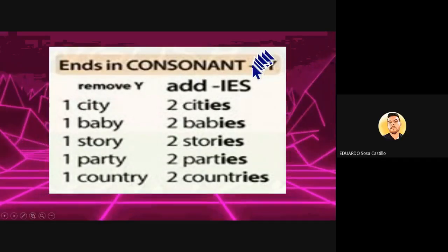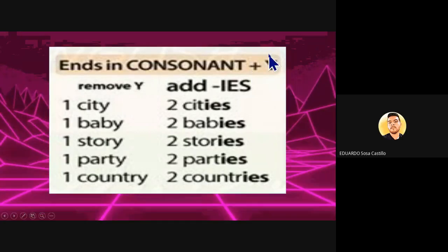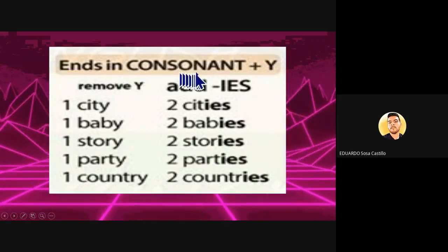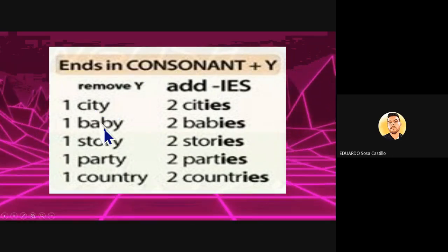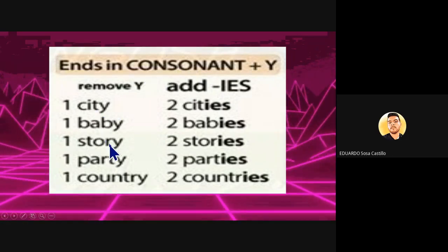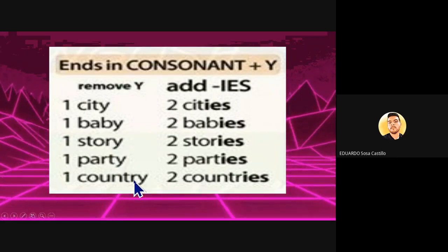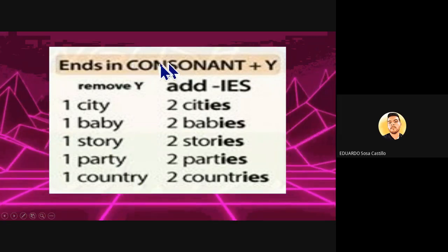If we have letter Y, but before that we have a consonant, for example here, letter T, letter B, letter R, letter T, letter R, when we have a consonant before letter Y, check how it changes.